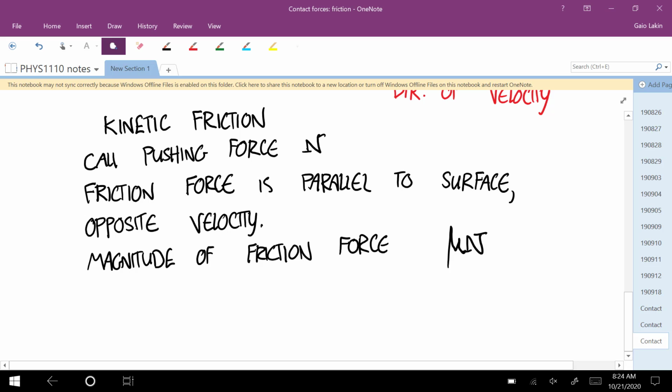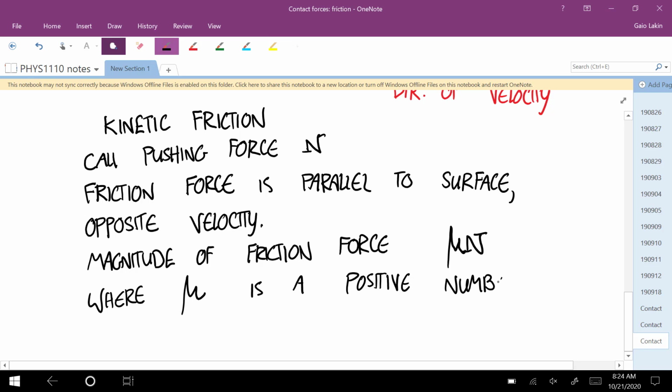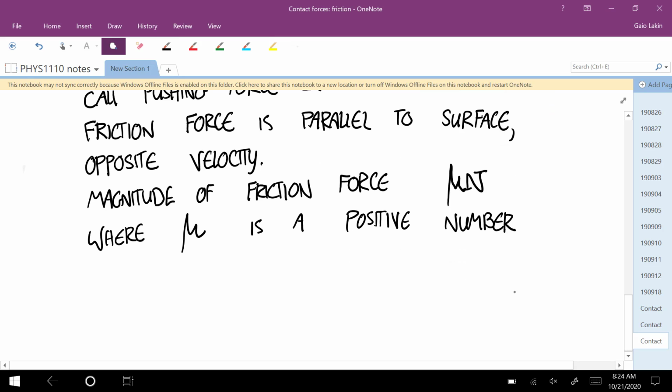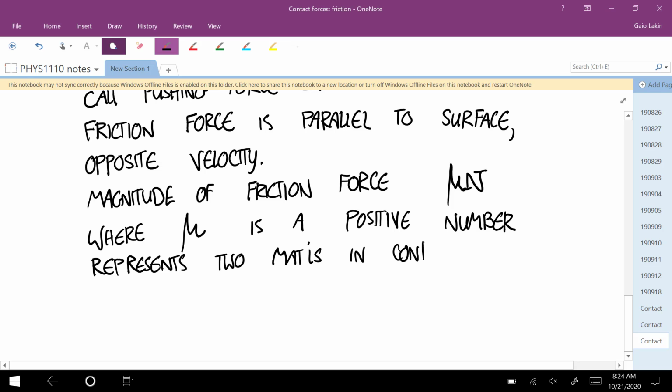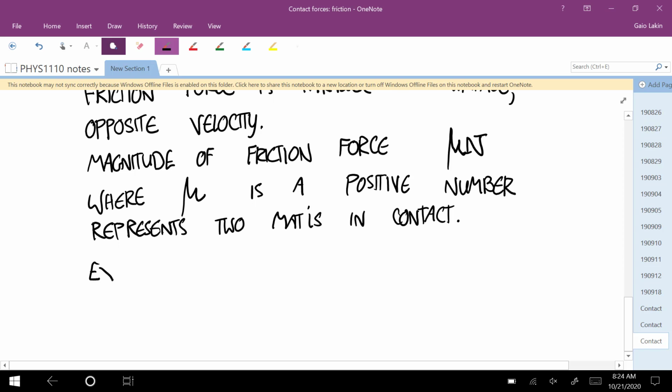So what is that constant mu? So mu is a positive number that represents the two materials in contact. Okay, so some examples of mu values.